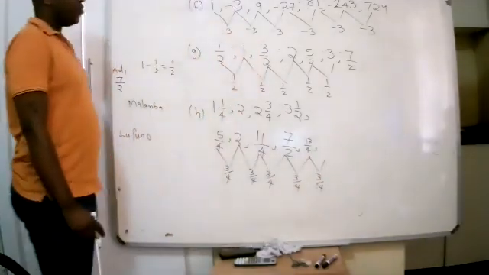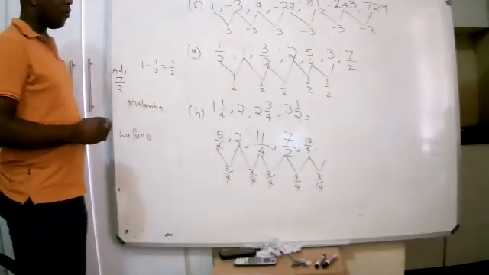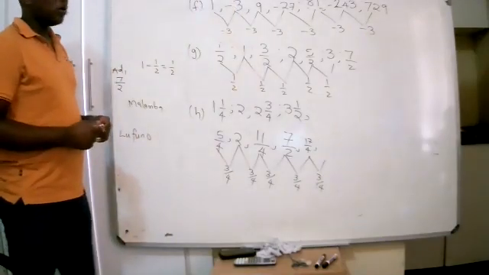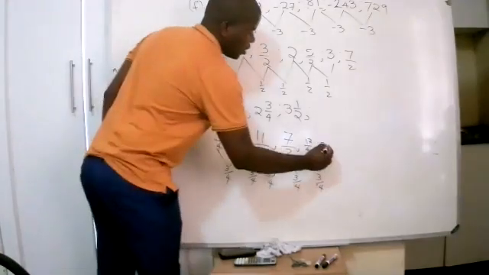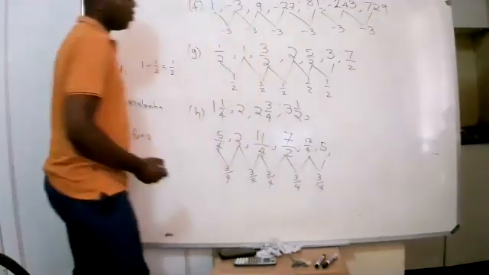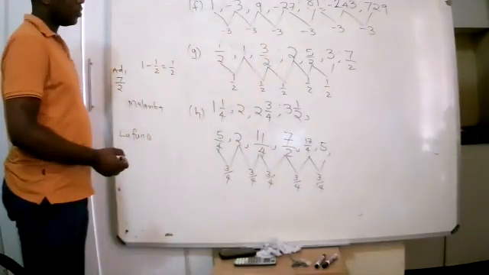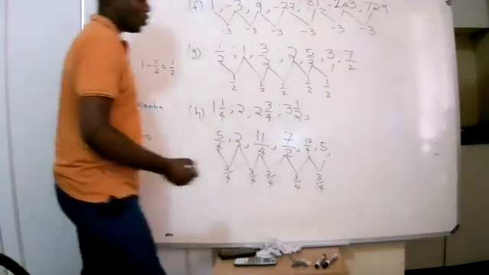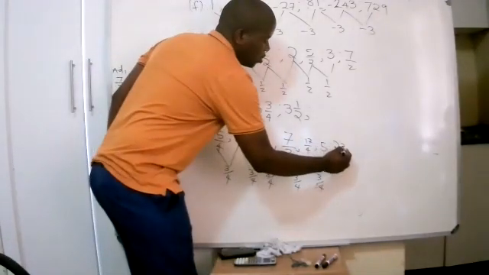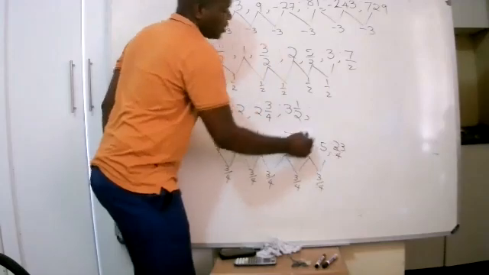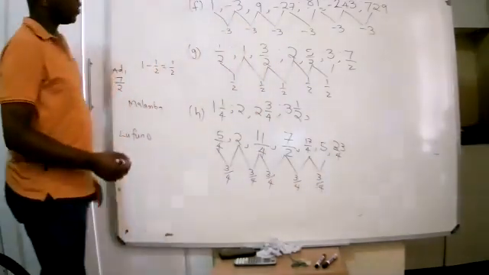Tell me the next value after 17 over 4. 5. Wonderful. And then the next value after 5? 23 over 4. Wonderful. These are the next 3 values we were looking for.